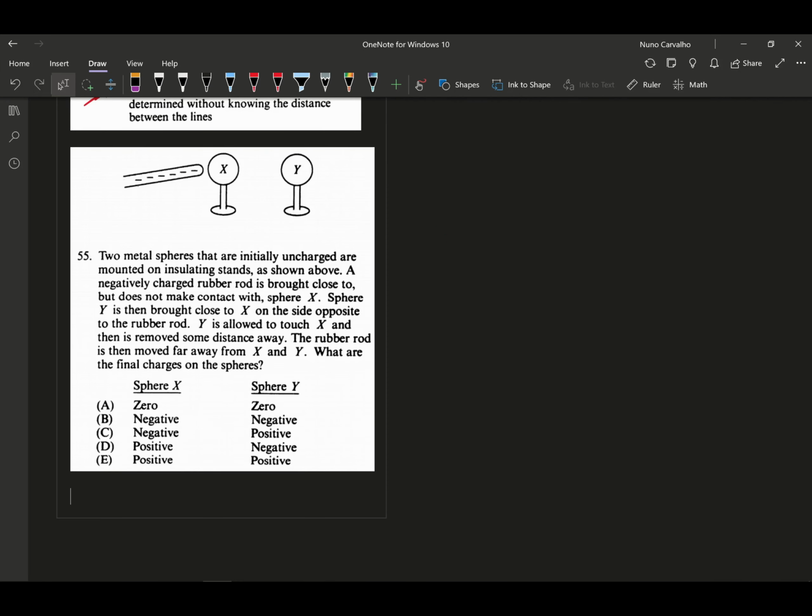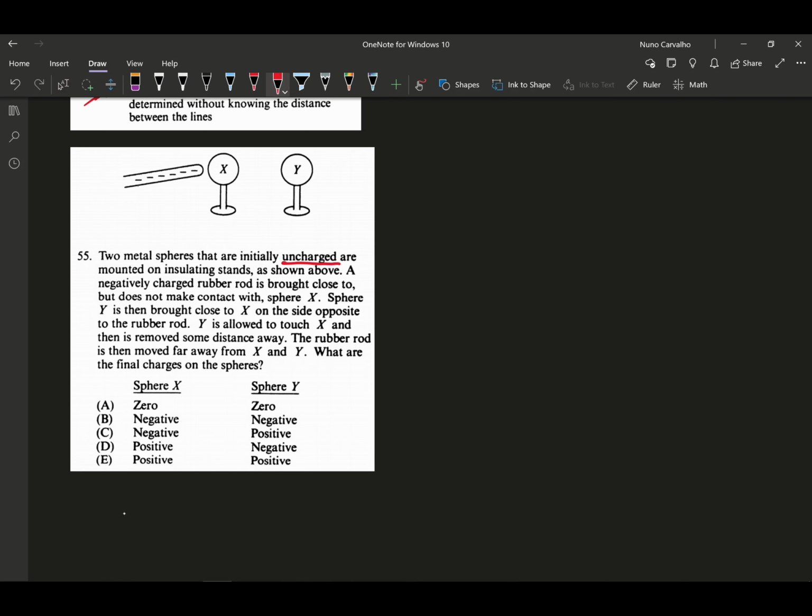For number 55, we're given one of those fun problems that talks about charges and how they move depending on how other charges are surrounding. It's one of the first things you learn in electricity and magnetism. We're told that we have two metal spheres that are initially uncharged, and they're mounted on insulating stands.